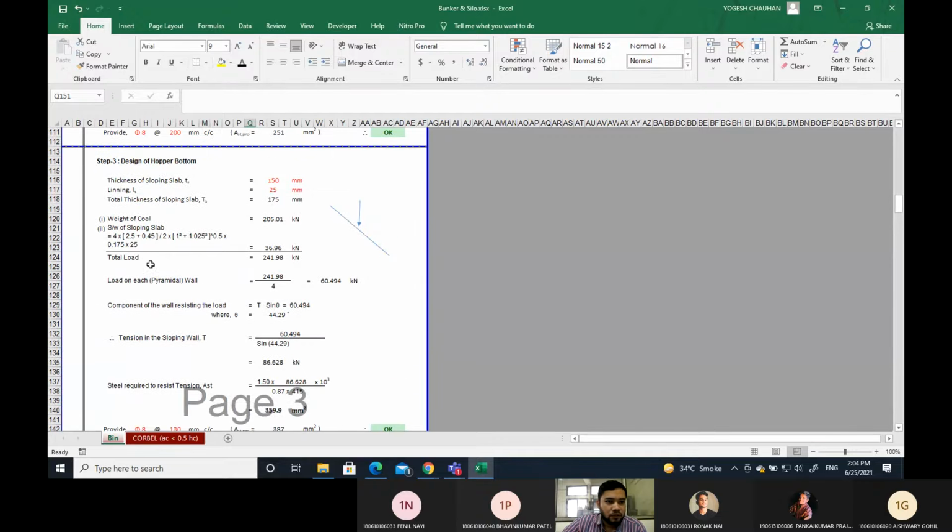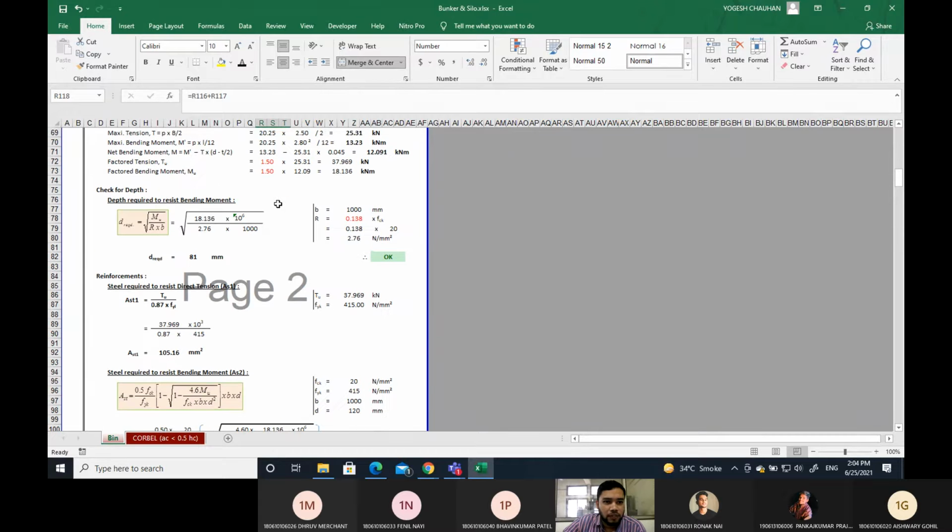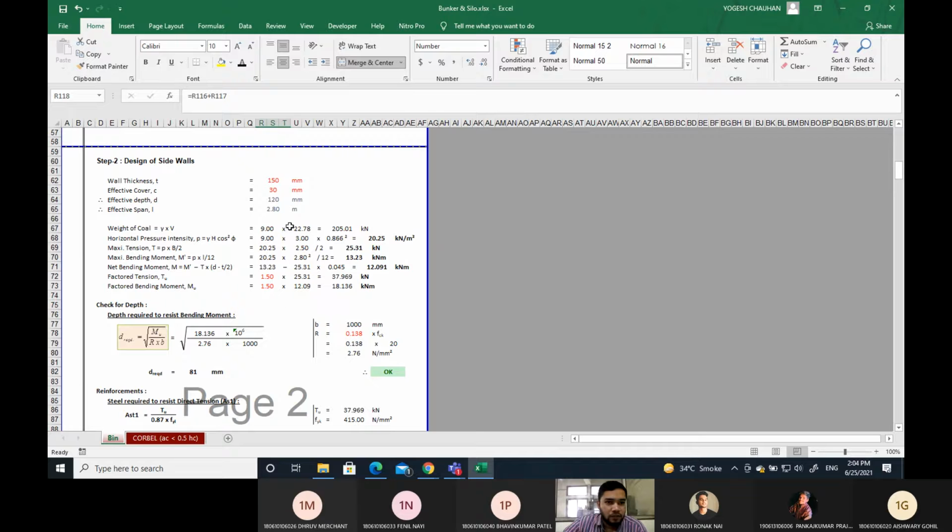In the design of the bottom hopper, we first assumed the thickness of the slab and the thickness of the lining. The total thickness of the sloping slab was 175 mm. Then the weight of the coal was 205.01 kilonewton, which was calculated from our earlier calculations.